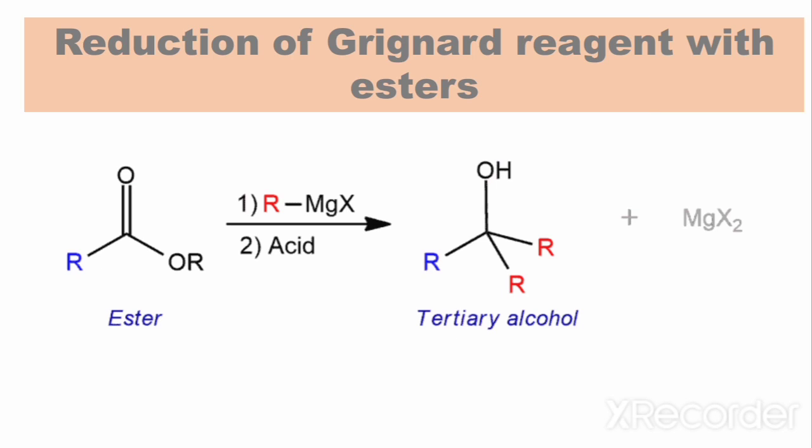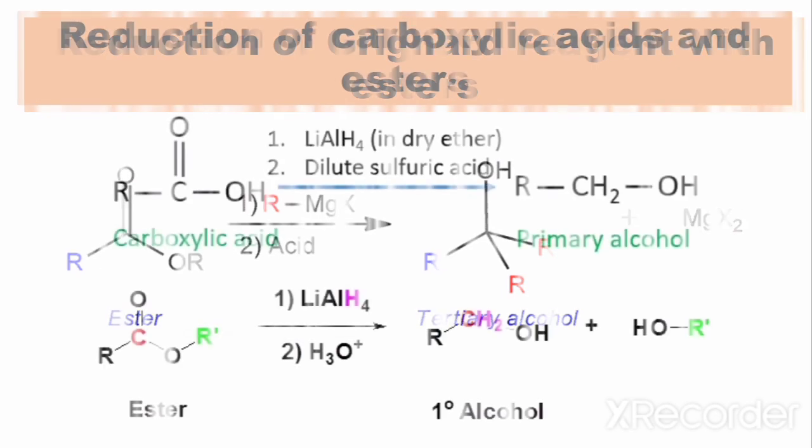Due to the Grignard reagent and acid, the carbon oxygen double bond will break, and then oxygen will react with the hydrogen proton from the acid, and when it reacts with the oxygen, it will form an alcohol. And the R group, the alkyl group from the Grignard reagent, will form a bond with the carbon to complete its valency. So this is the reaction of Grignard reagent with esters.